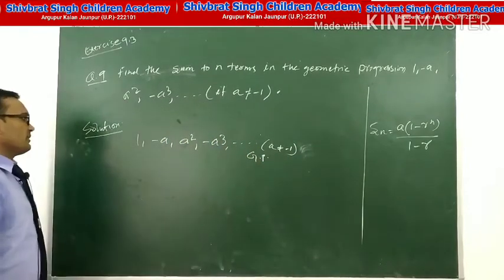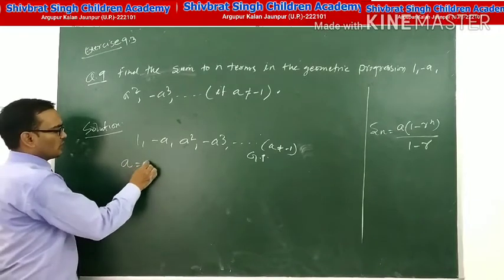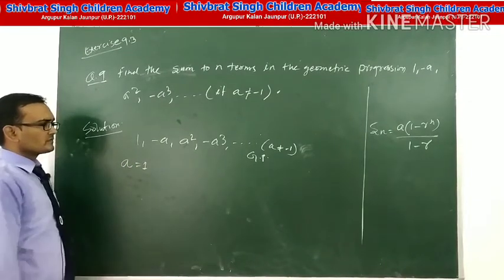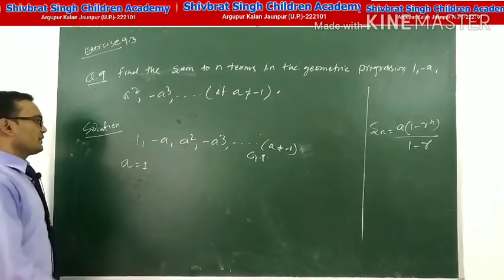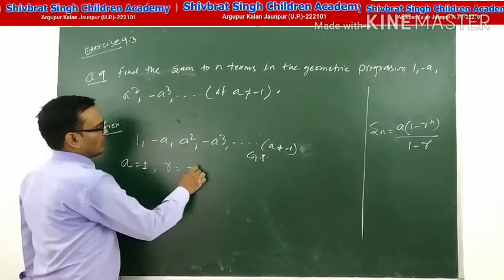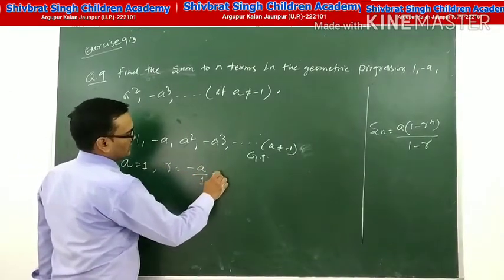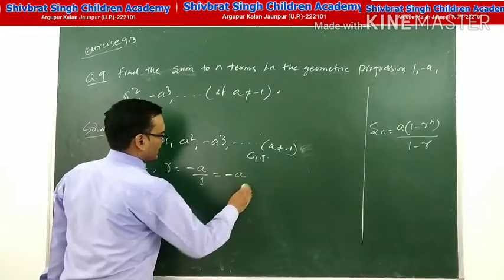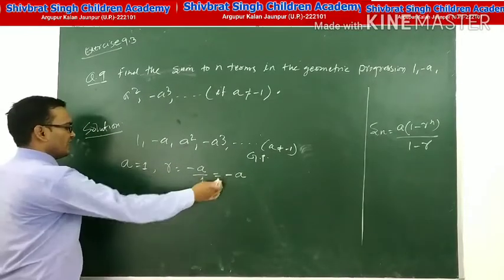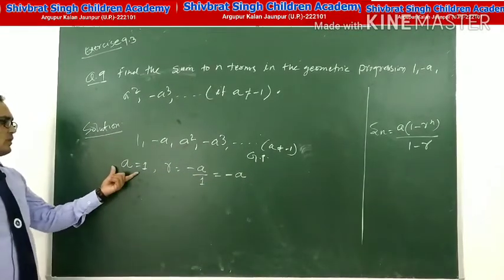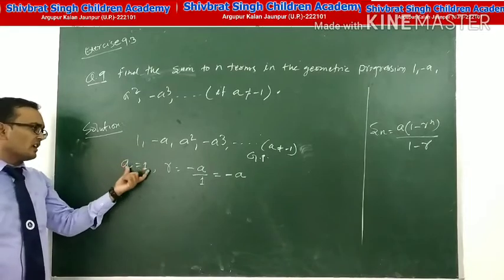The first term of this GP is a equal to 1, and the common ratio r equals -a upon 1, which is -a.